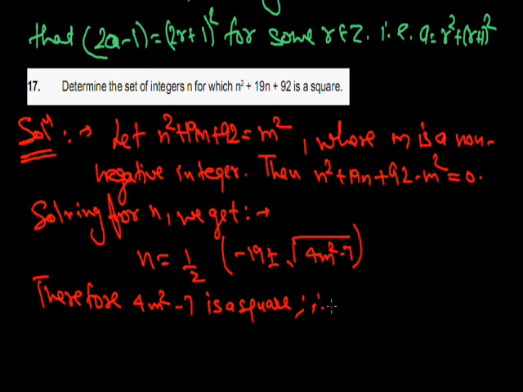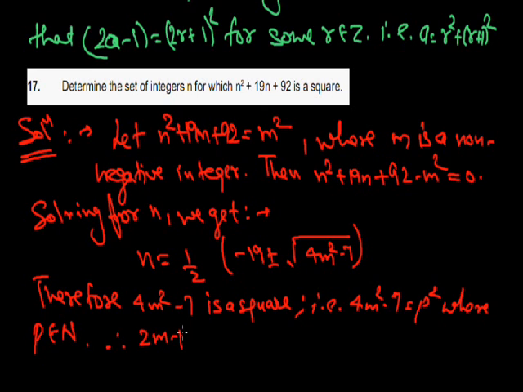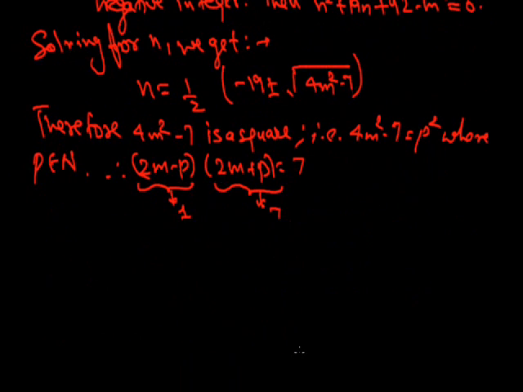That is, 4m²-7 is equal to p², where p belongs to the natural numbers. So (2m-p)(2m+p) is equal to 7. Now as m and p both are positive, 2m-p must be equal to 1, and 2m+p would be equal to 7.